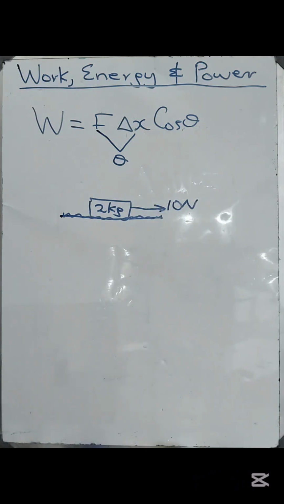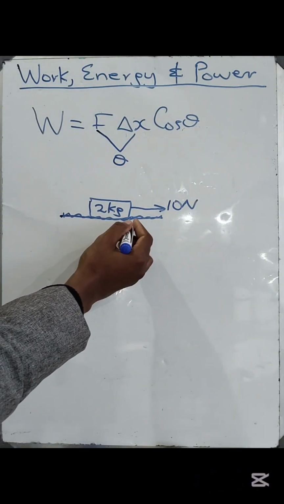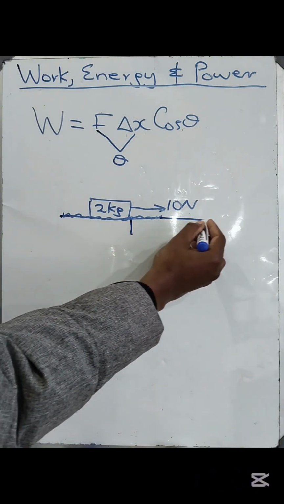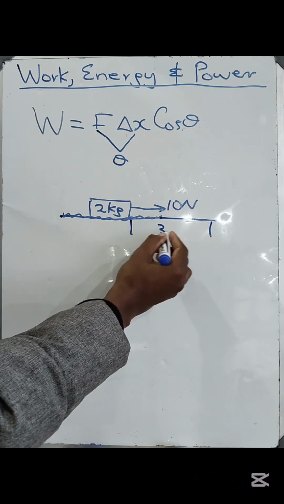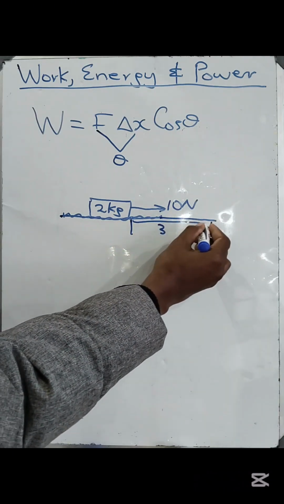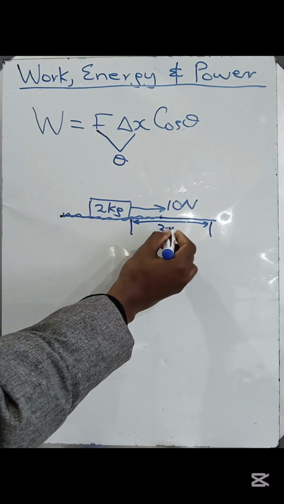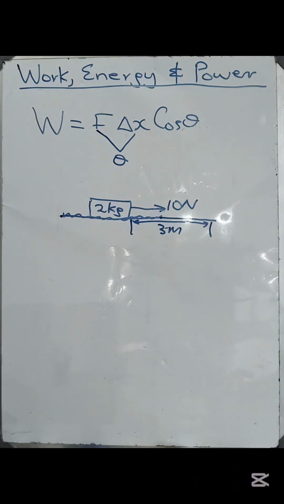The first thing that you need to do is to draw a free body diagram. And this object shifts maybe 3 meters, that is from here to here, 3 meters. Then we are going to calculate the work done by each force that is acting on this object.